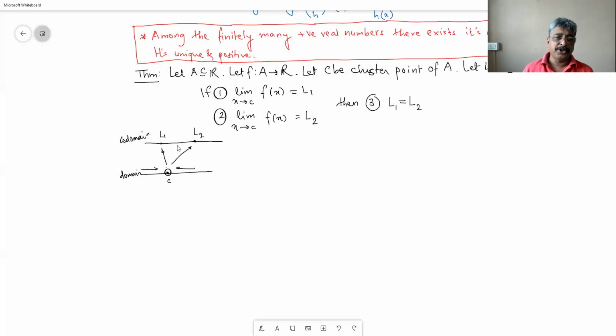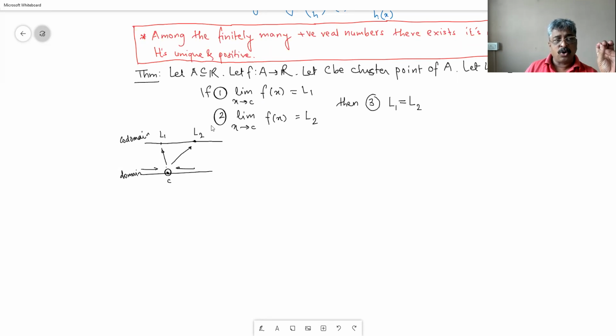Because in the definition of a function itself, we have said that we cannot release two arrows from a point in the domain. It is as simple as that, and that exactly is happening here. We are not changing the definitions of the function that we have written earlier. We are keeping them the same.